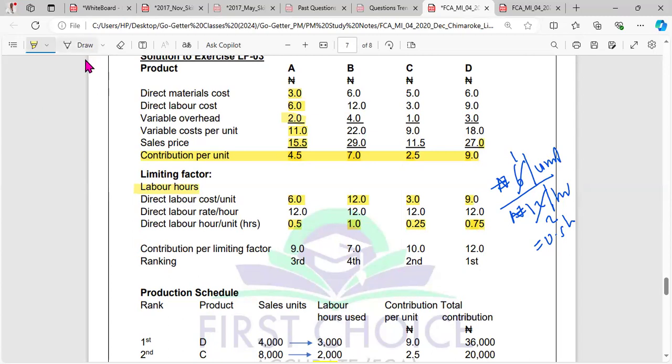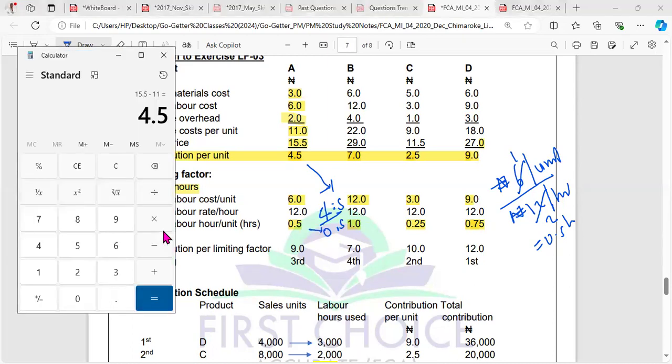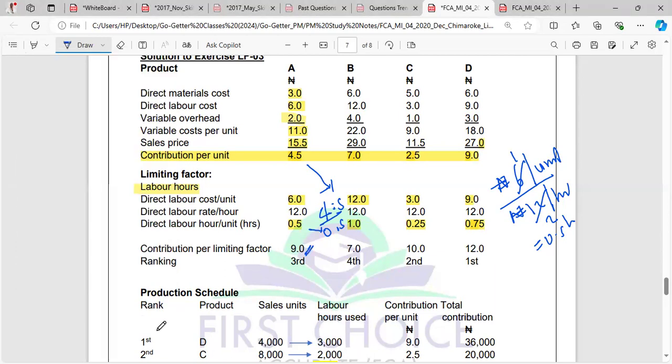Let's do it here. Contribution per unit is 4.5, which is this, divided by limiting factor per hour, which is 0.5, which is this. So when you do that, 4.5 is here, divided by 0.5. That gives me 9. That's the 9 that we have here.